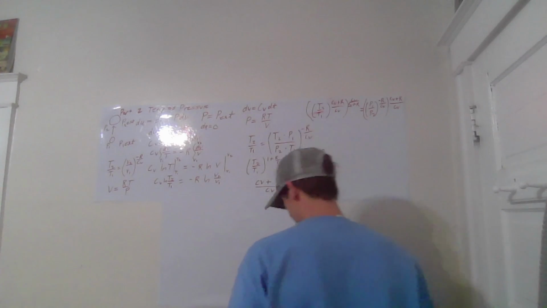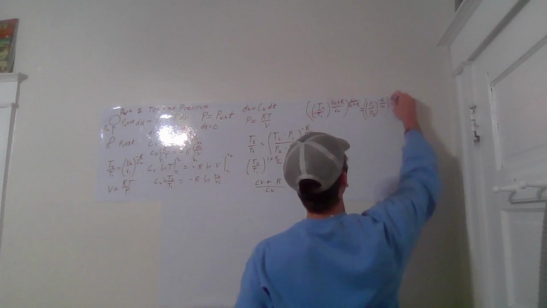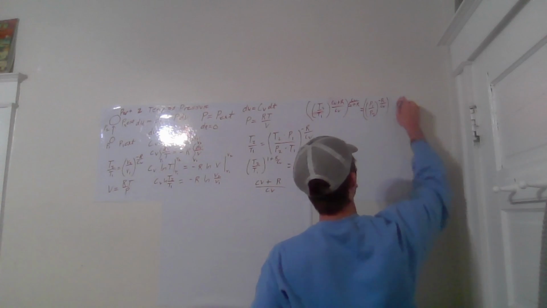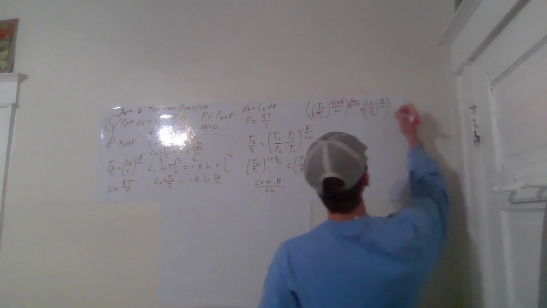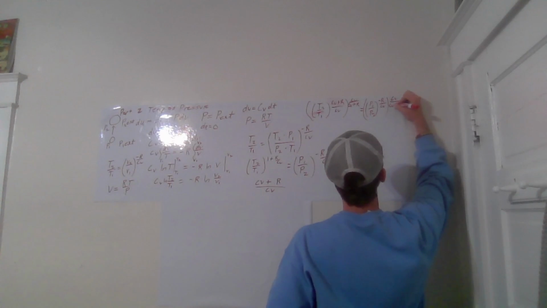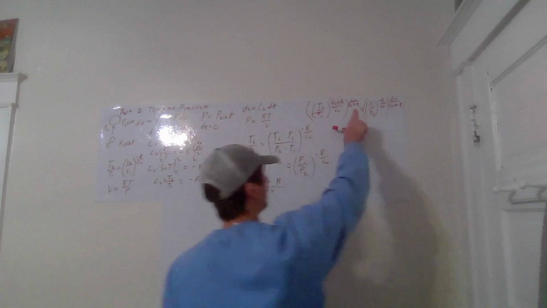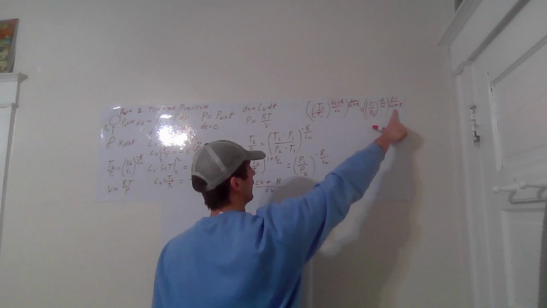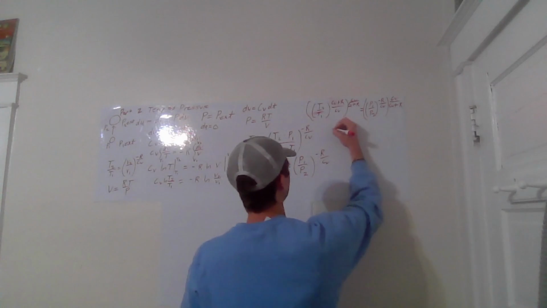Oh no, whoops. It should just be CV over CV plus R, because we're multiplying by that on this side, and we're multiplying by that on this side as well.